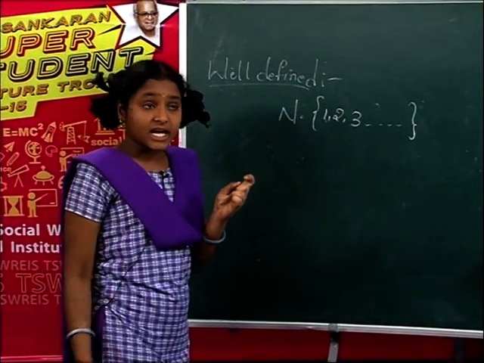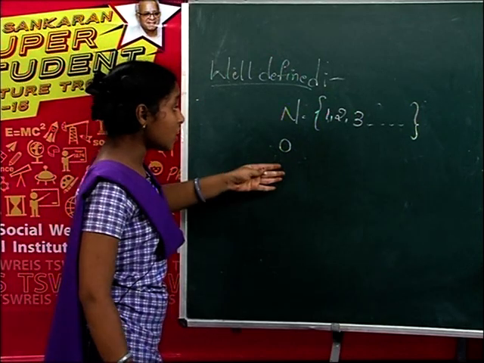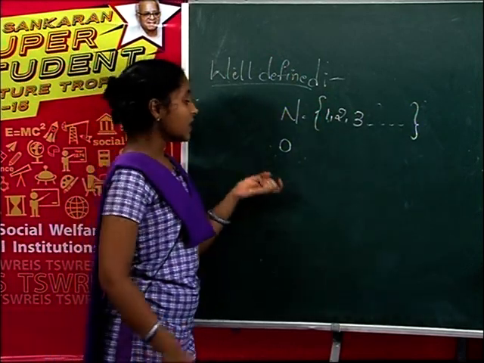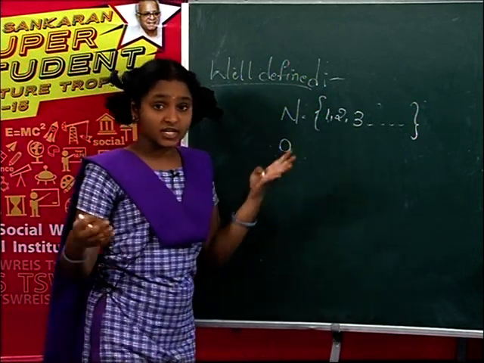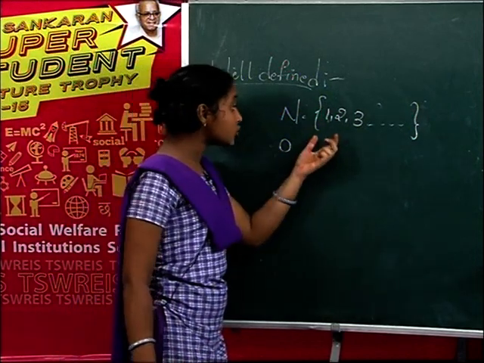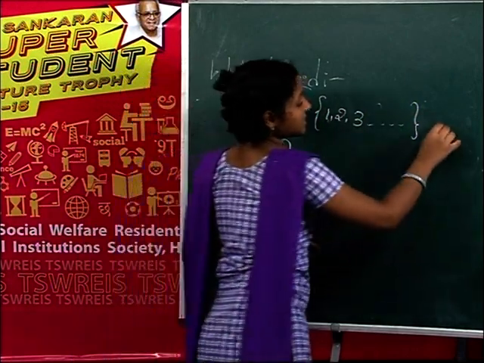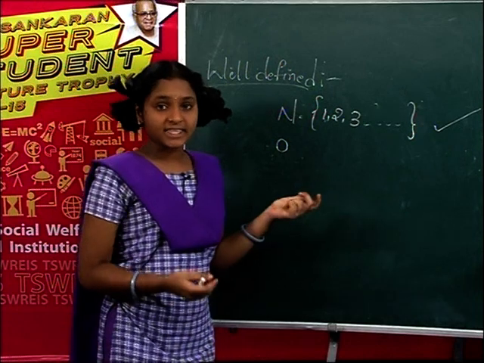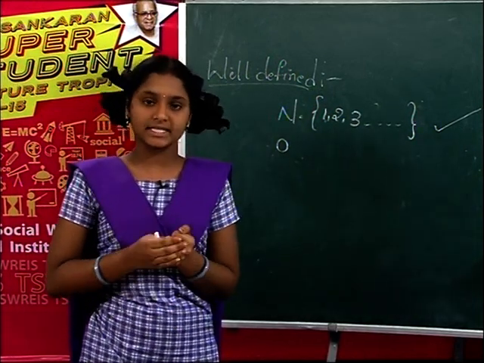If we take another example, 0, can we say it belongs to this set or not? We can say 0 is not an element of the set of natural numbers. If we add 0, it becomes the whole numbers, and we can consider this a well defined collection. Collections like these are together known as sets.